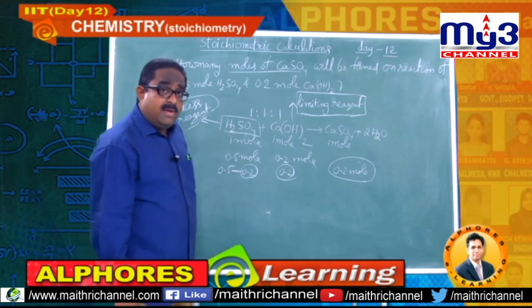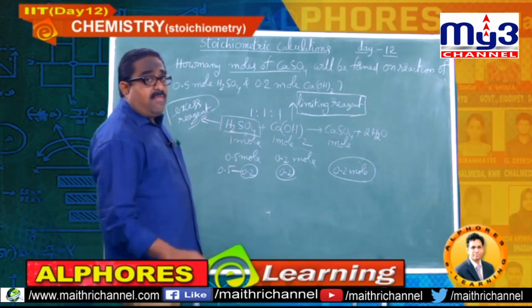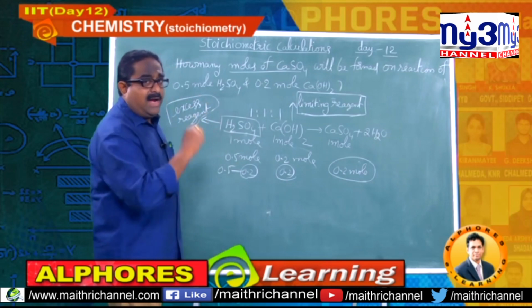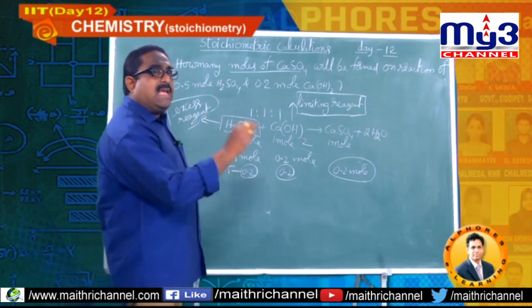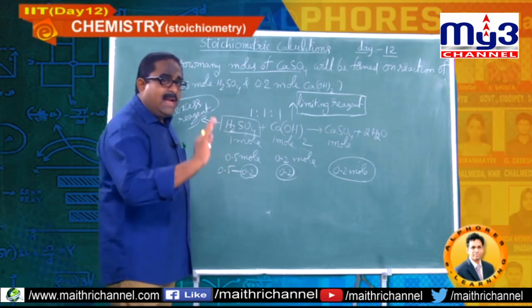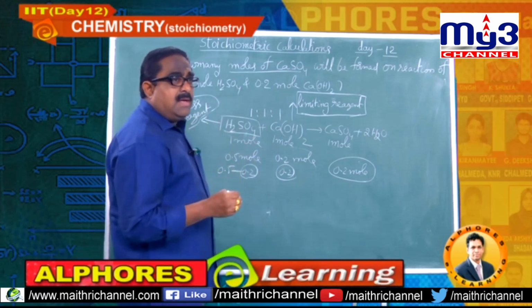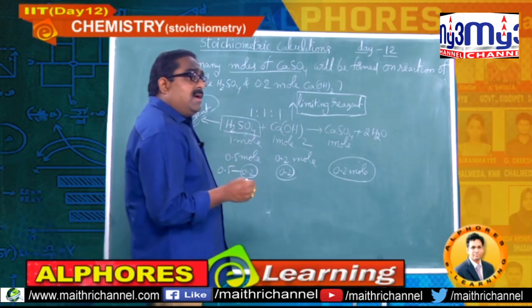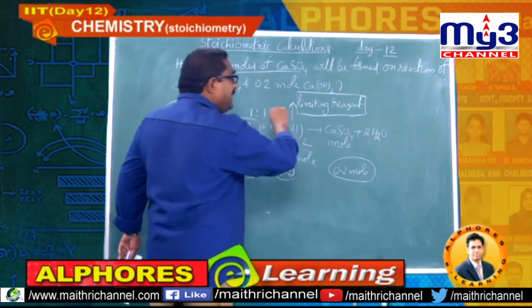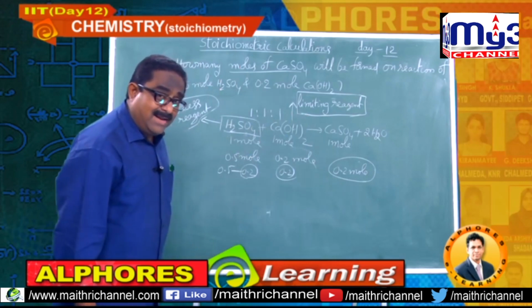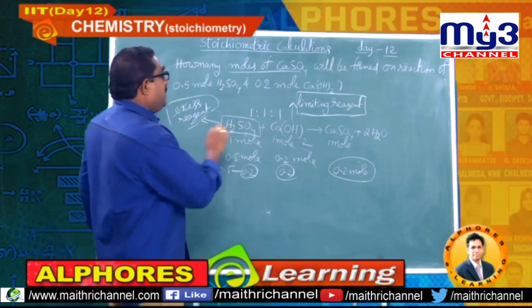It means once you are able to decide which is the limiting reagent among the given reactants, then immediately, based on that limiting reagent, we can predict the amount of product obtained. That is what I want to explain to you.